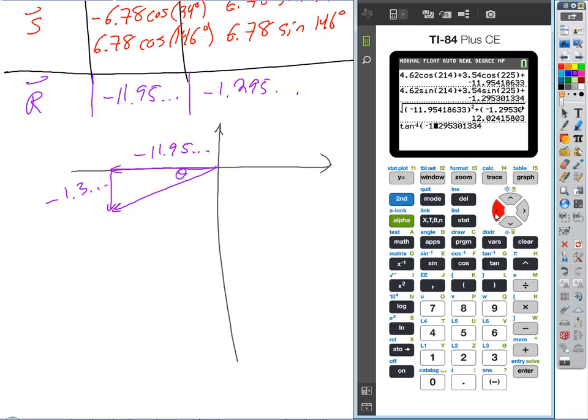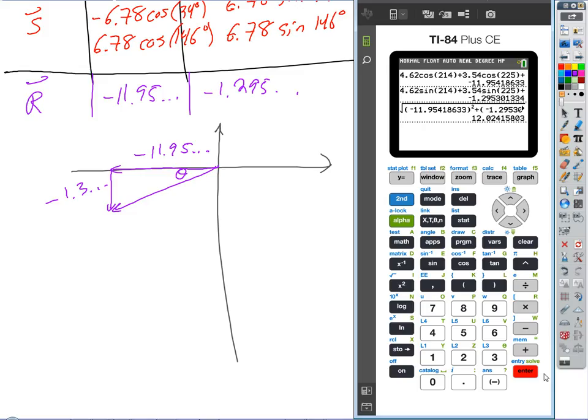We'll just delete that negative sign. Second right arrow gets me all the way over, divided by that guy, take that negative sign away. Second right, close it, boom. 6.18, okay? It's a really slight angle.